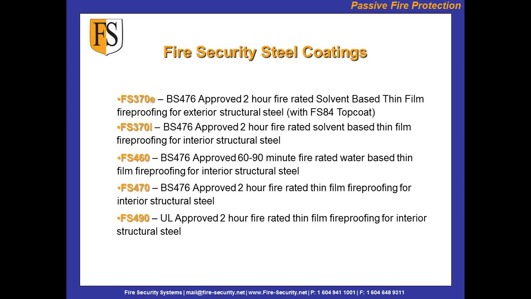It's only there to seal the system and to color it as well. So with the FS84, we can add a color to that coat, to any RAL color code, and then you can not only seal the system but completely color it as well.